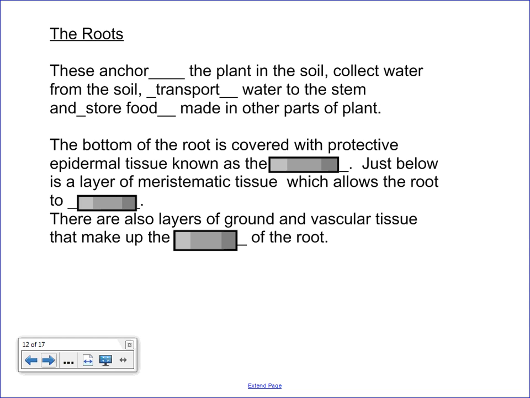The bottom of the root is covered with protective epidermal tissue known as the root cap. Just below is a layer of meristematic tissue which allows the root to grow. There are also layers of ground and vascular tissue that make up the center of the root.